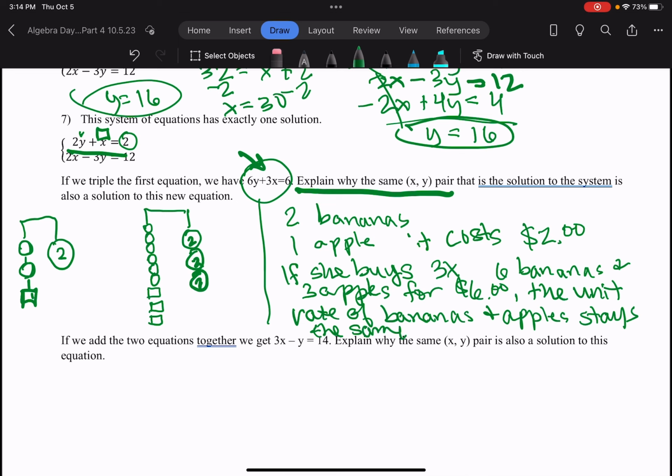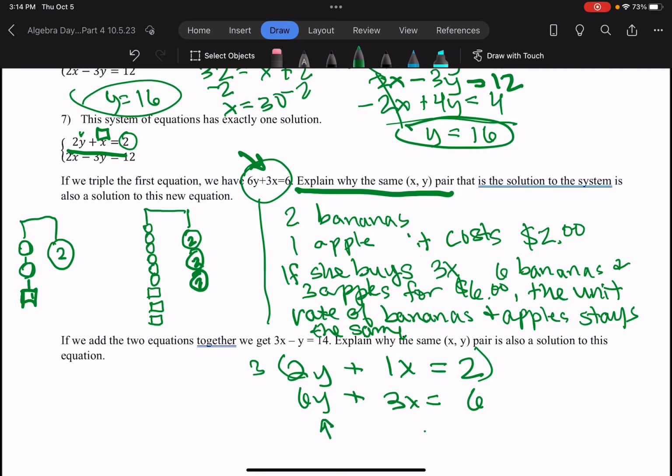In the example we did in class, we had the teacher who bought 2 calculators, and we can use the same example, 2 calculators for a certain cost. So let's say 2 calculators plus 1 tape measure, 1x, and let's say that equals $2. If I buy 3 times as many, then we'll have 6 and 3 equals now $6.